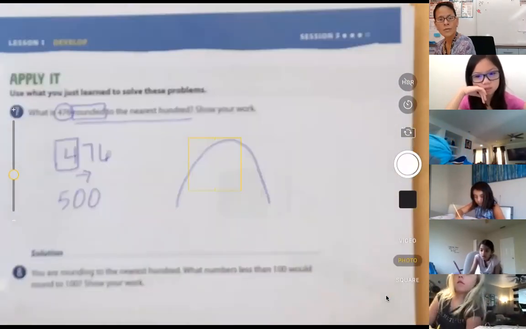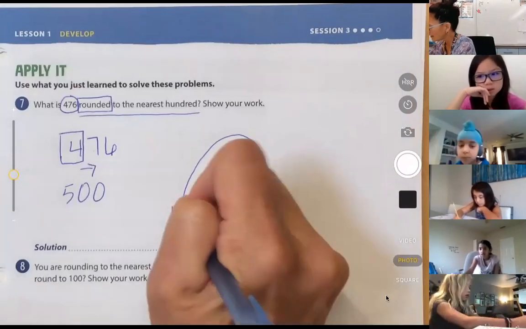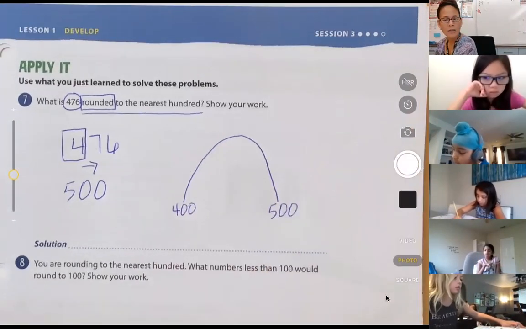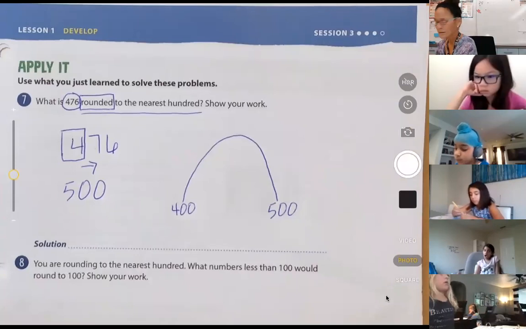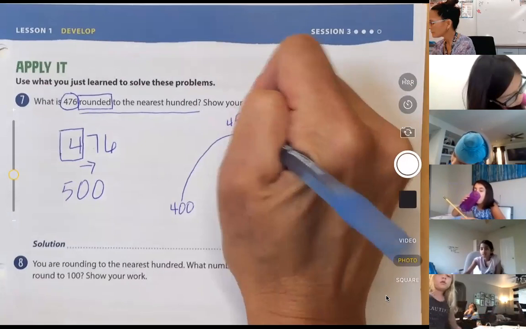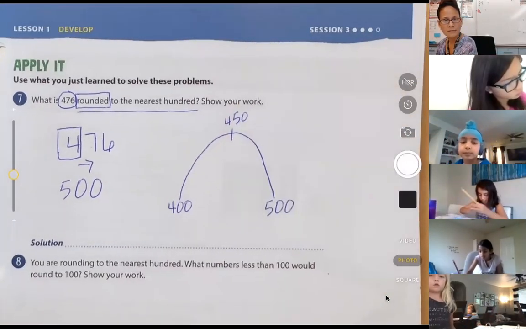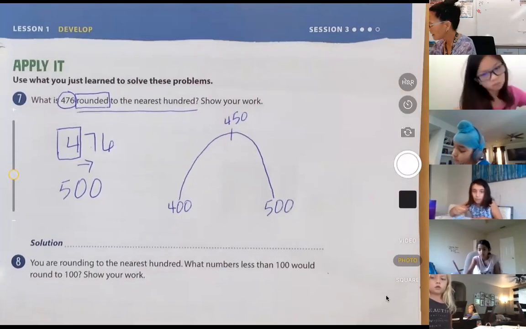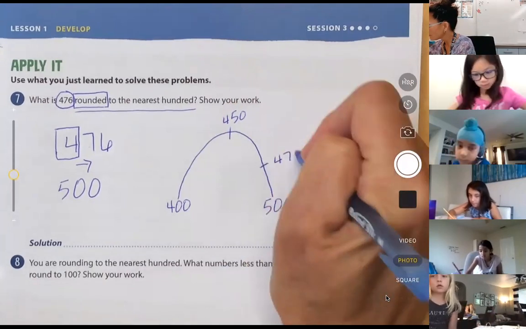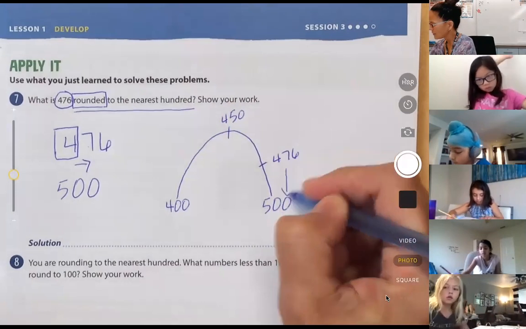And I know that 476 is somewhere between 400 and 500. I know that my halfway point is 450. So 476 would fall somewhere around here, which is certainly much closer to 500 than it is to 400.